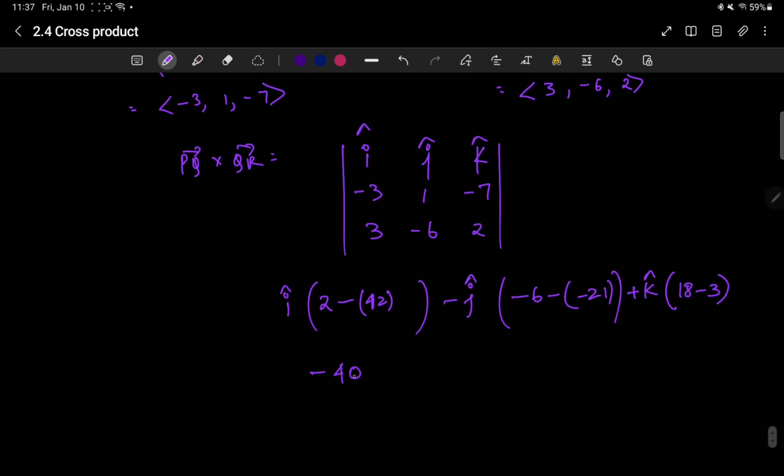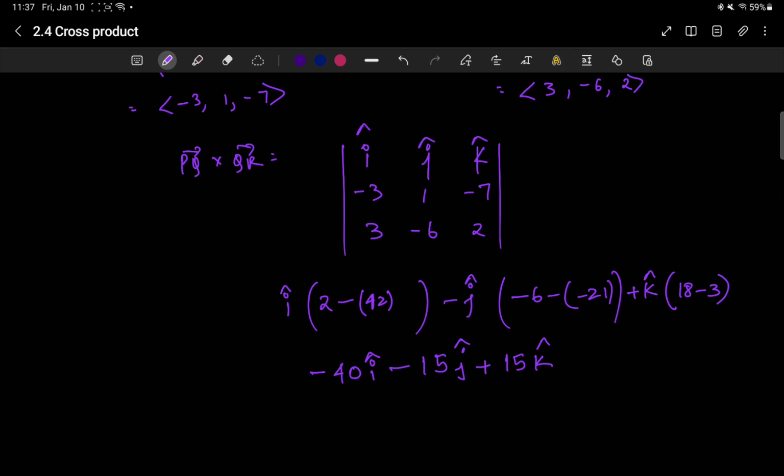So I have a negative 40I, negative 6 plus 21 is negative 15, positive 15J, becomes a negative, sorry. And a 15K. So this is the vector that is perpendicular to the plane that contains those 3 points.